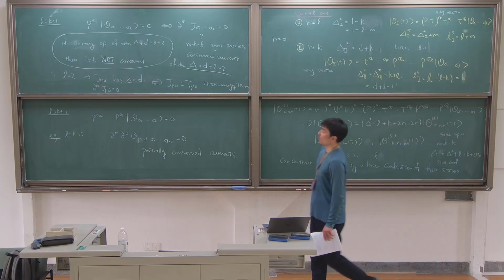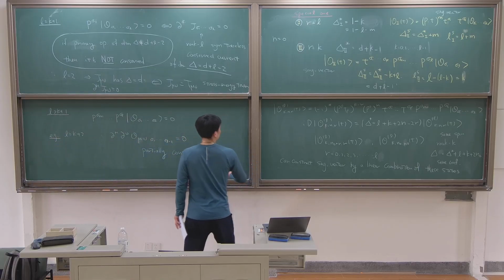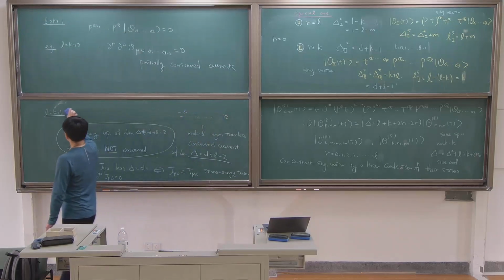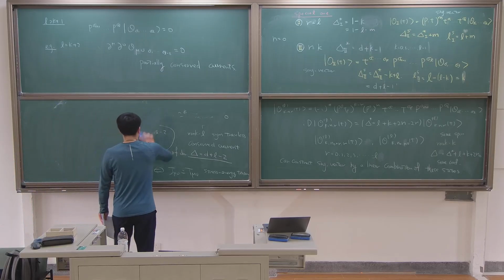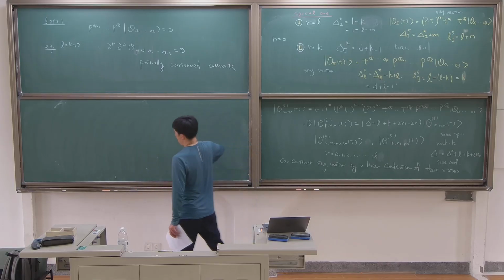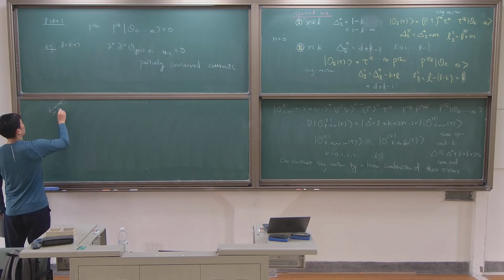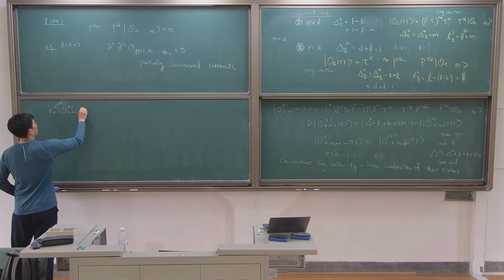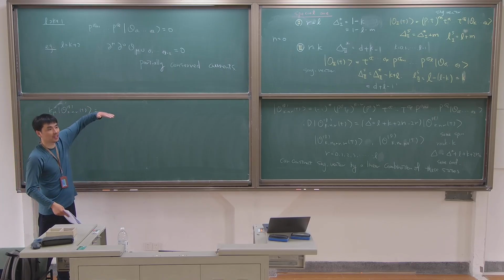So previously I wrote the K mu acts on this operator. I wrote a big formula, K mu acts on this OL, K, N, R of T, and how many lines did I have?